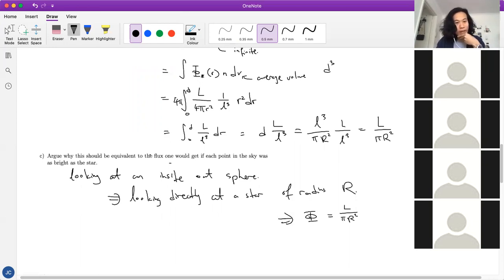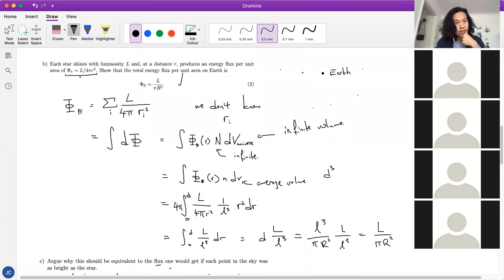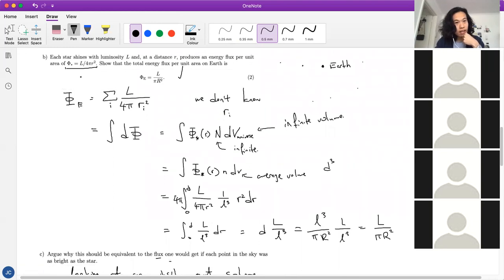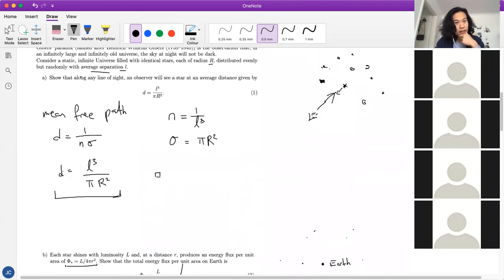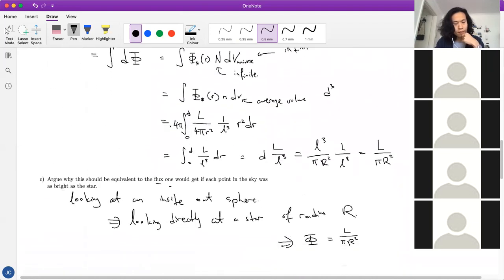I guess the size doesn't matter, because it's asking for the flux, and the flux per unit area is this. I guess the weird part is, why is this radius r?